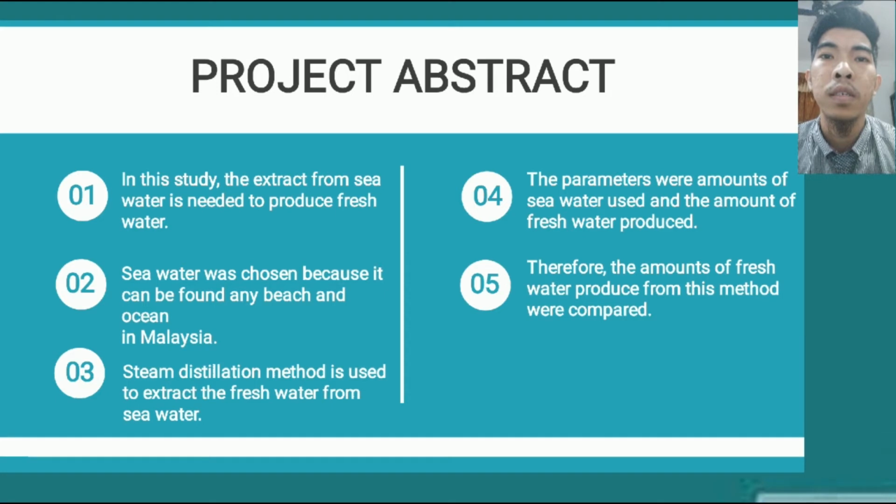In this research, the steam distillation method is used to extract the fresh water from the seawater. Parameters that affect the production and amount of fresh water produced are investigated. The parameters are amount of seawater used, the amount of fresh water produced, mass of salt, and also pH value of the end product.